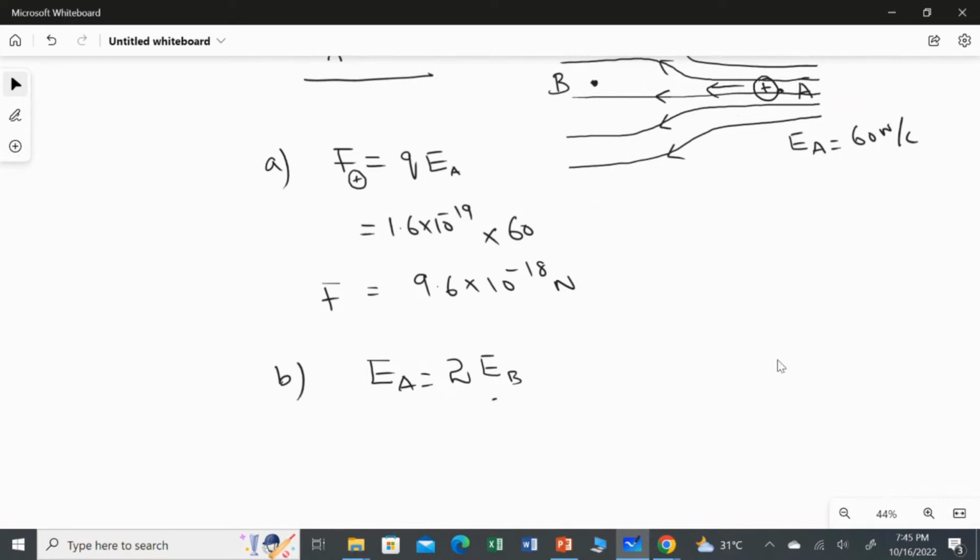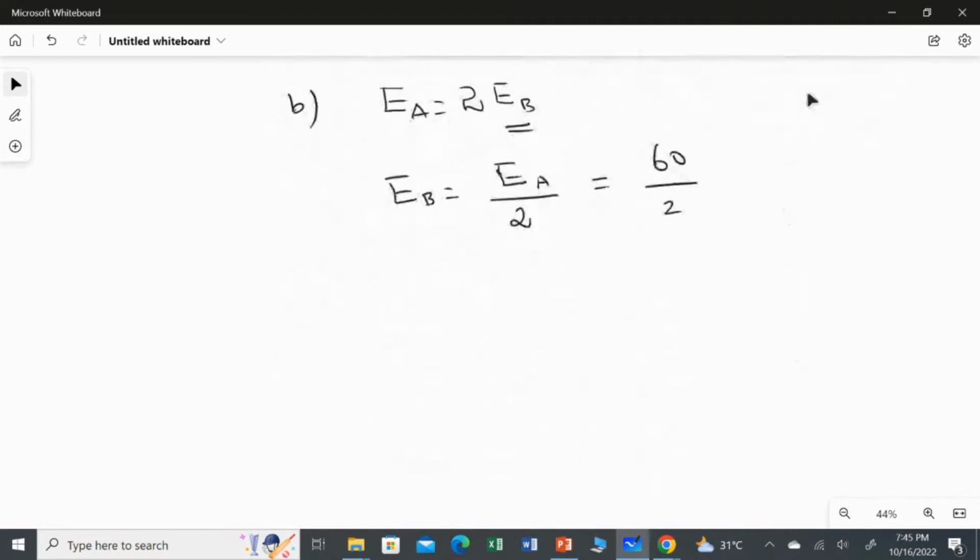I'm going to rearrange, because we are going to find the value of EB, that means the electrical field strength at point B. Therefore, EB is equal to the electrical field strength at point A divided by 2. As we already know, the electrical field strength at point A is 60. So 60 over 2 gives the answer of 30. From the diagram itself, we get clear information that it's weaker.